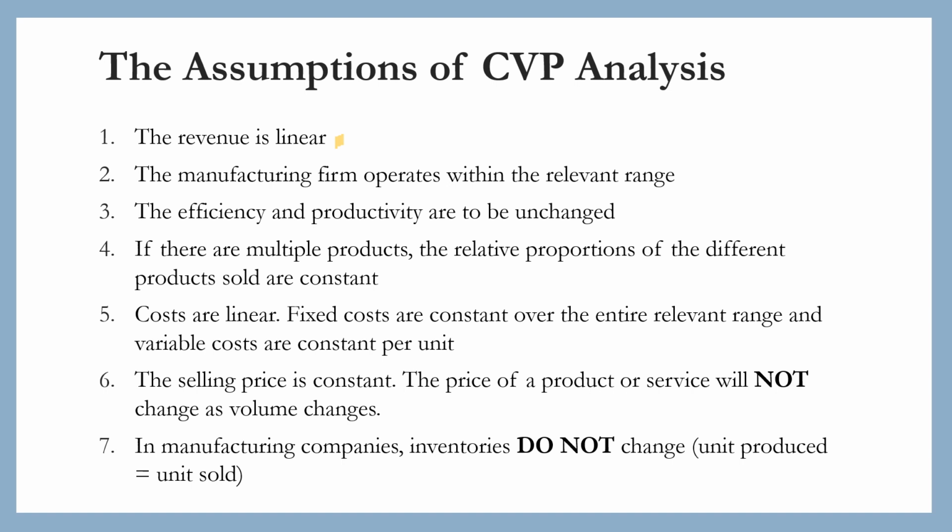The second one is that manufacturing firms operate within the relevant range. It means that the relevant range refers to the range of activity, such as production or sales volume, within which the assumptions of CVP analysis remain valid.